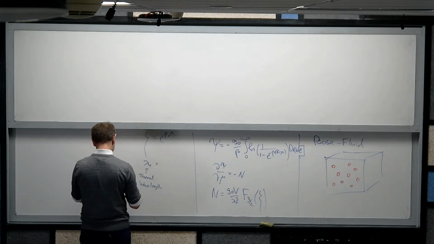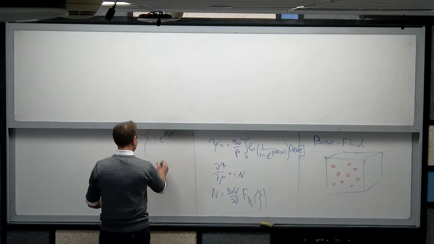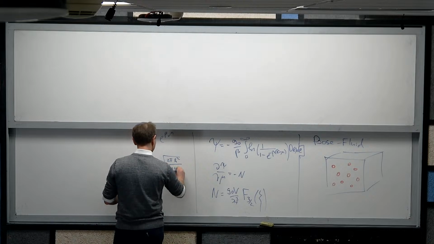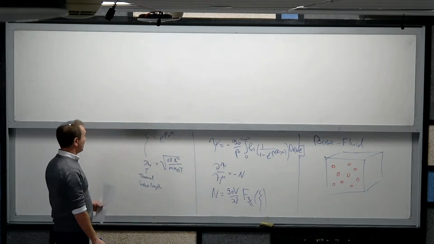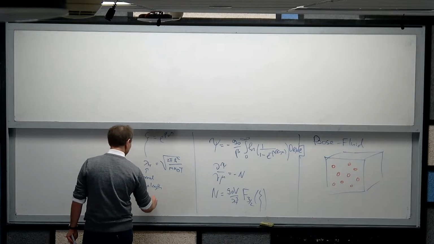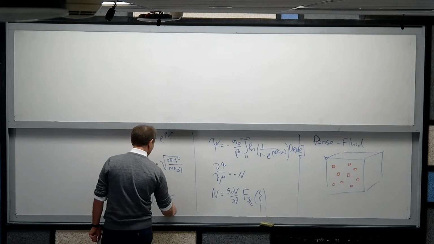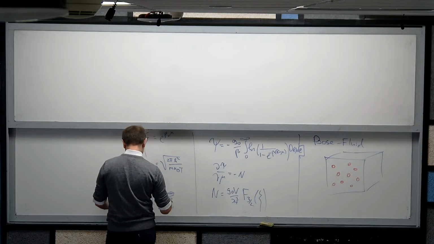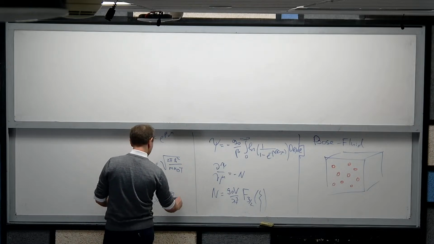What is this thermal wavelength? It is the square root of 2 pi h bar squared divided by m k_B T, and the polylogarithmic function f_alpha of x is a sum, i goes from 1 to infinity, of x to the power i multiplied by 1 over i to the power alpha.